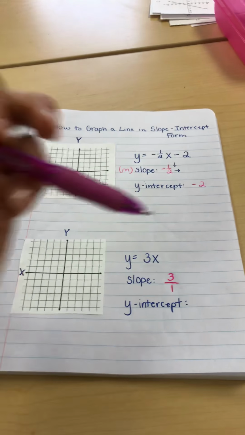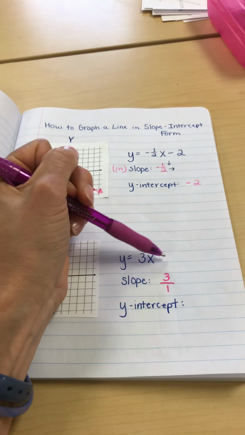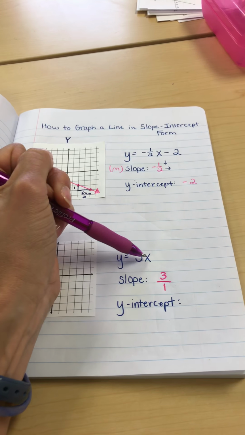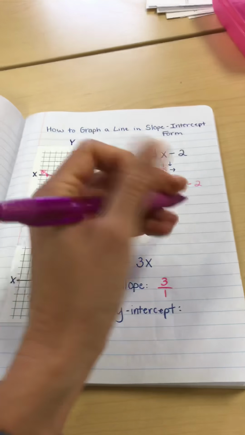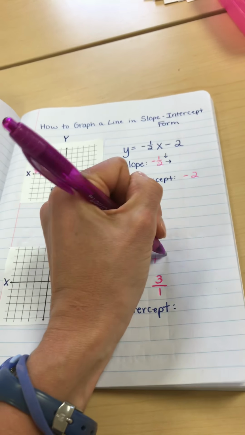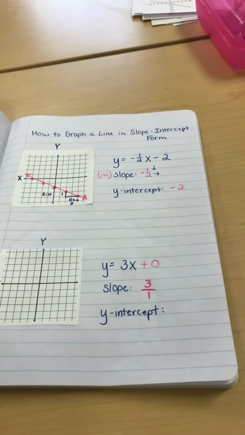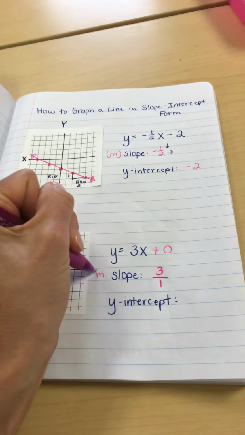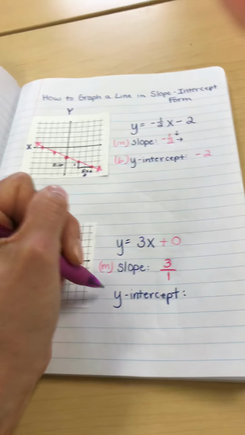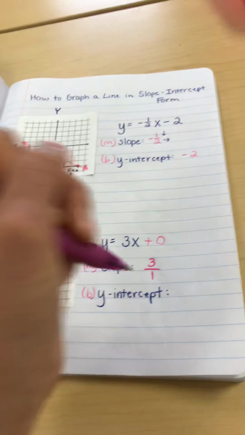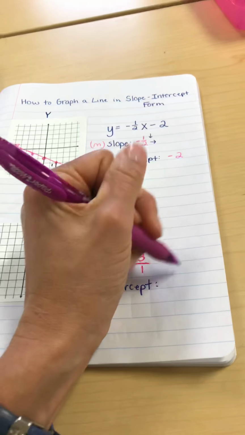Notice we don't have our b. We have y equals mx, but there's no plus b value. That b value then means there's nothing there. It's a 0. So y-intercept is your b value. So what is our b? It's 0.